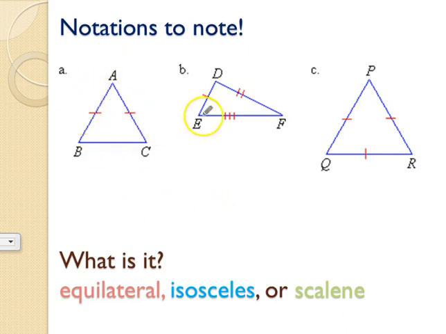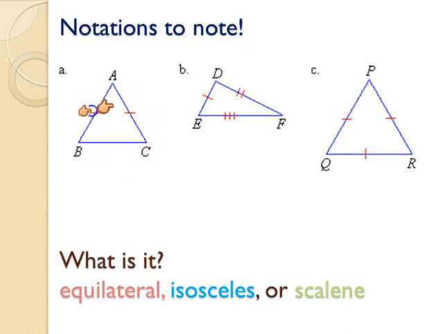So here we've got a couple different triangles, and you can see on the triangles that they have these different ticks. Some of the ticks are just one tick, there are 2 ticks here and 3 ticks here. So what do those ticks mean? They tell us something about the side lengths of our triangles.